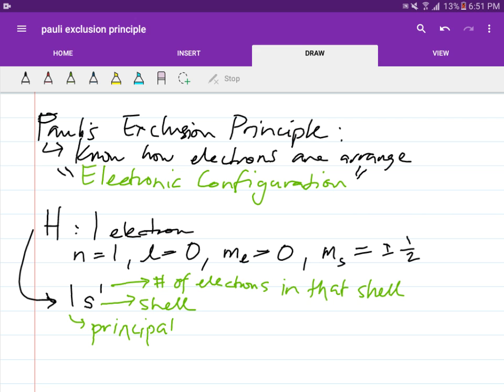So for the hydrogen atom, we have one electron in the ground state, n equals 1, in the s shell with only one electron.